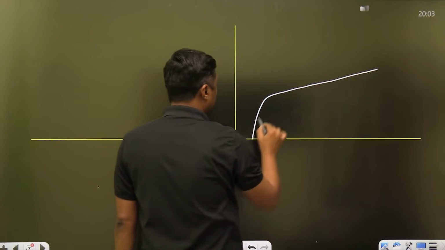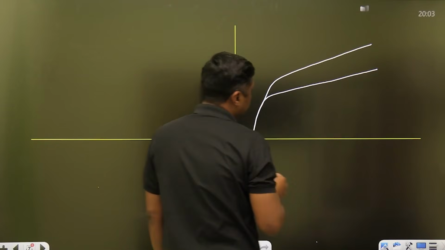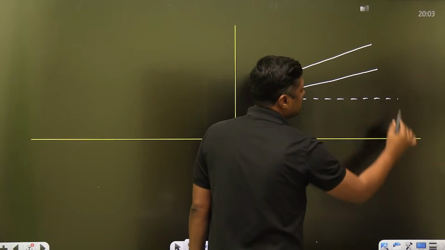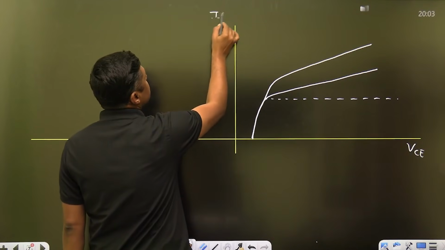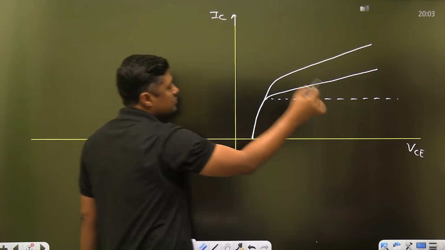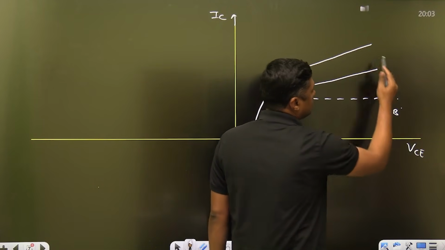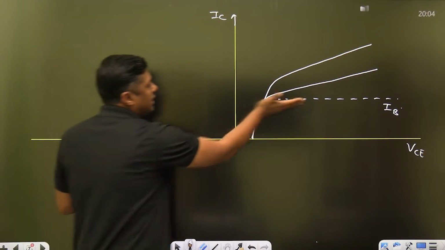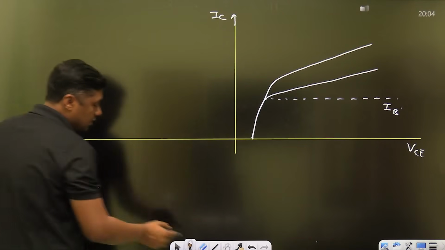This is for BJT1 and that is for BJT2. When there is no early effect, these are the output characteristics of the common emitter: IC versus VCE, for different values of IB, 20 microampere, 30 microampere and so on. Because of the early effect there is an elevation in the curve.